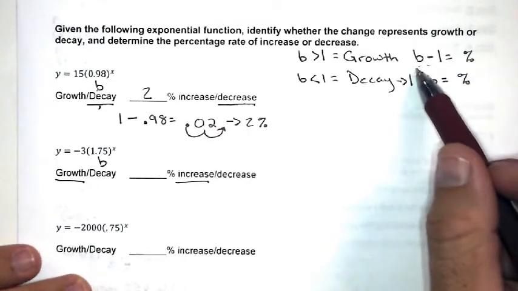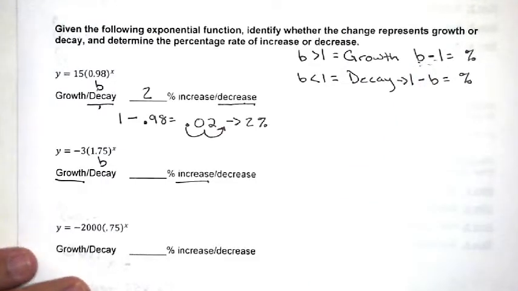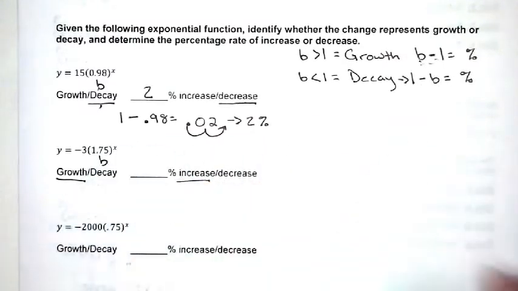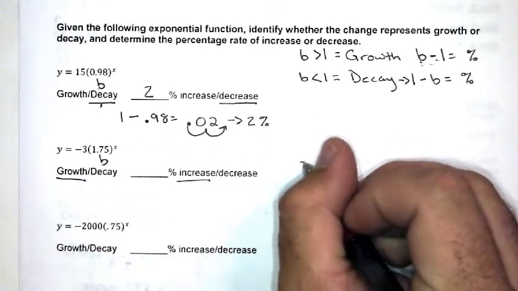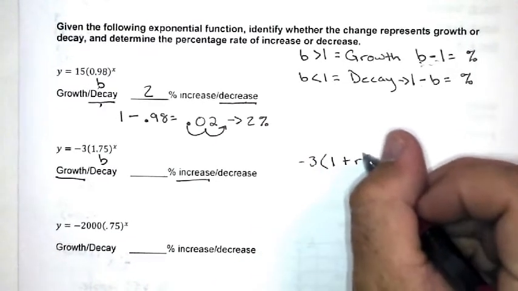I'm trying to solve for r. Okay? So remember, this is technically negative 3 times 1 plus r. I need to figure out what did I add to 1 to get 1.75.